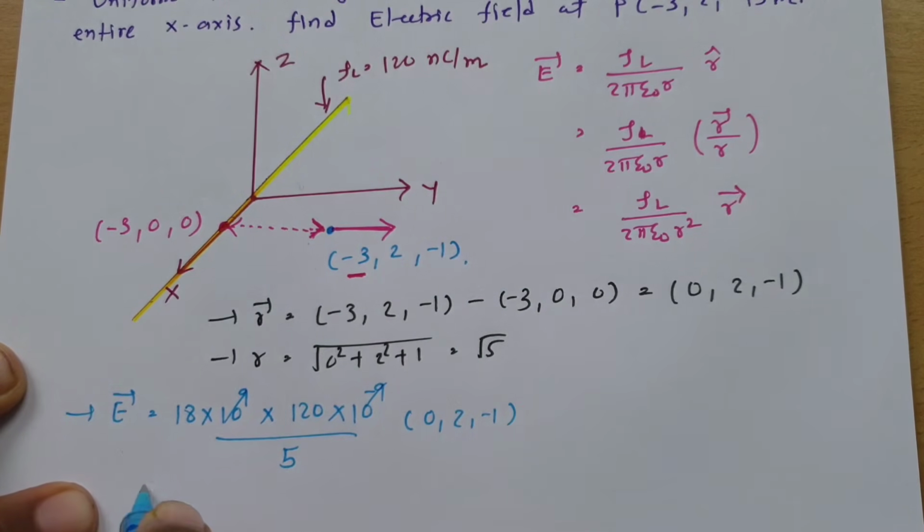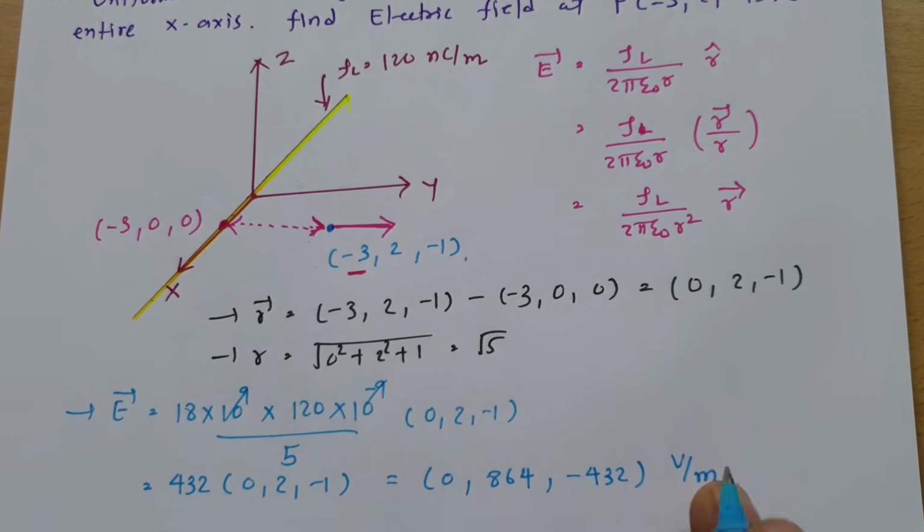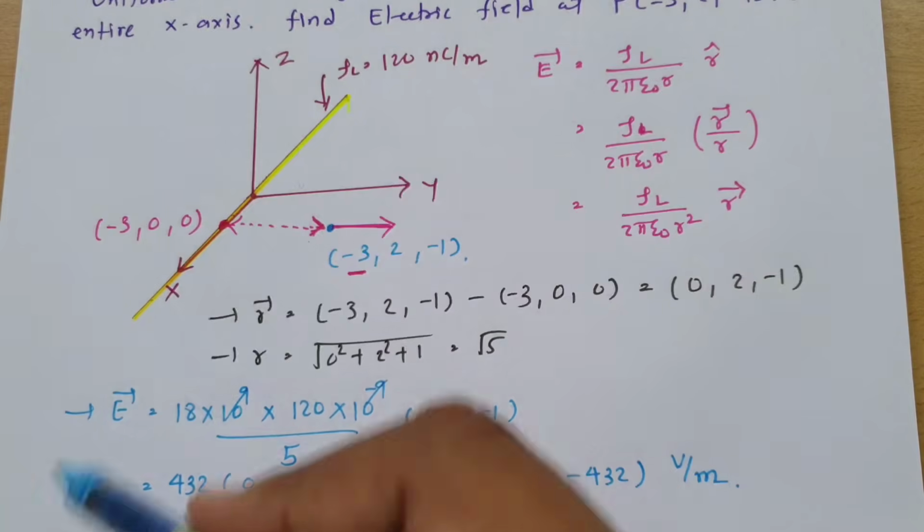So I can say this is 432 into the 0 comma 2 comma minus 1 direction. So 0 comma 432 into 2, that is 864 comma minus 432 volt per meter. See, this is the electric field due to this line charge.